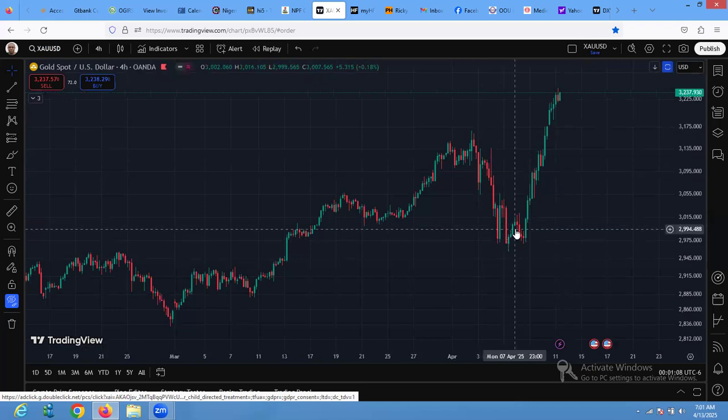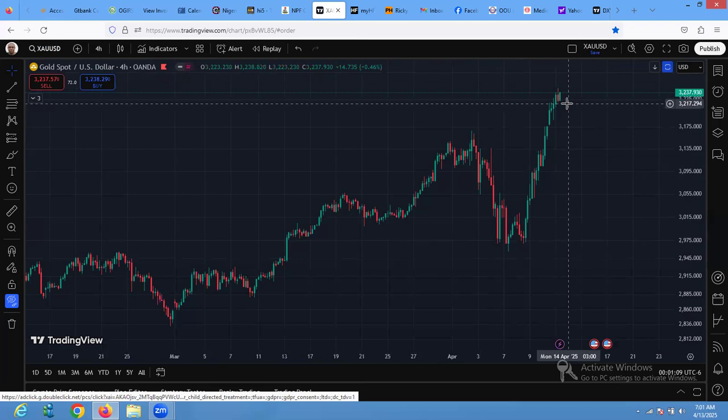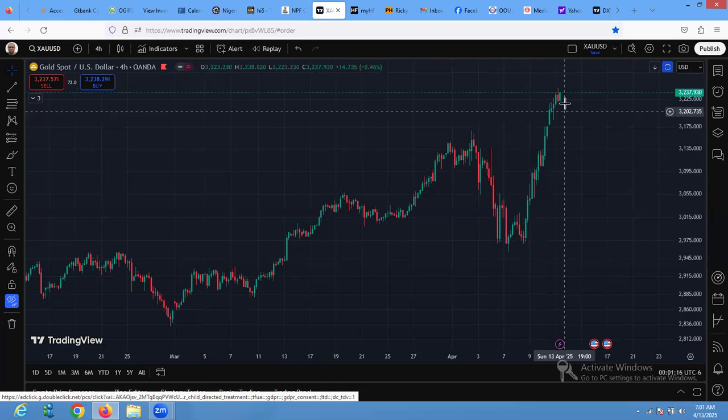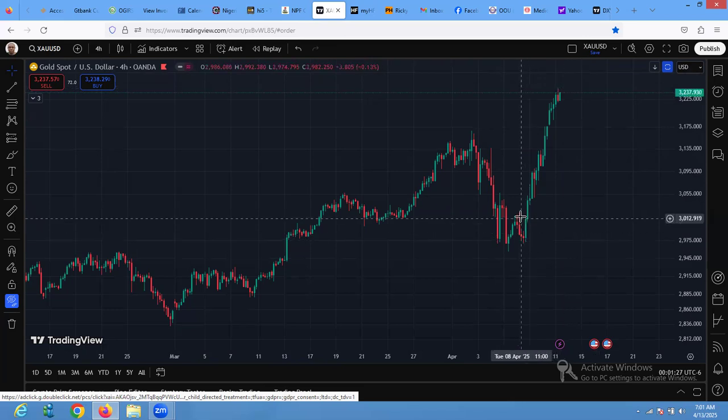What we are waiting for is for this immediate wave to burn off. So we are still within this wave 3. We need to end this wave 3 properly. Any moment from now, probably at the break of this top, we may do a correction of wave 4, something similar to this. But we need to break out of here.